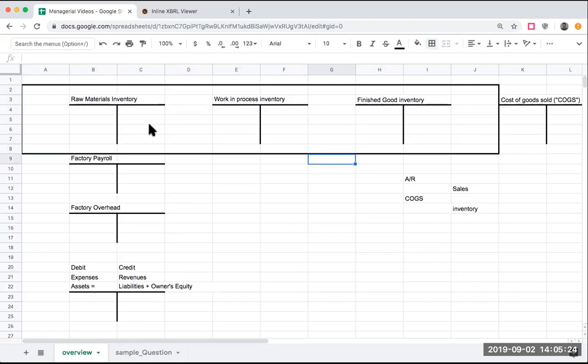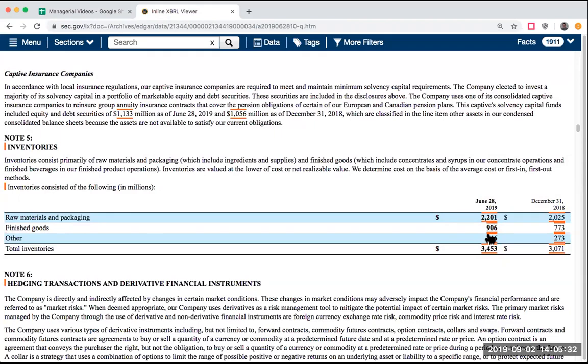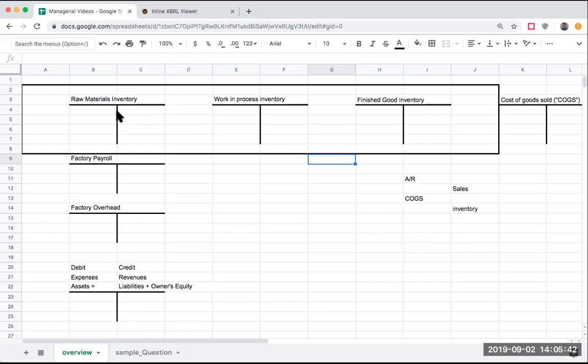Similar to Coca-Cola, we would see inventory at 3.4 billion, but what makes up that inventory are these different items. Now, I don't know what other is. That could be work in process. I just don't know. But it's important for this concept in terms of how this works.